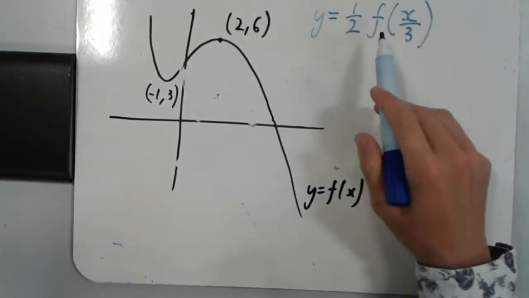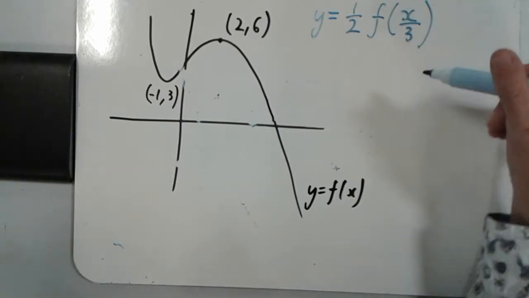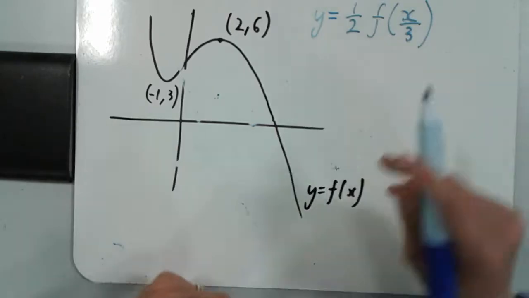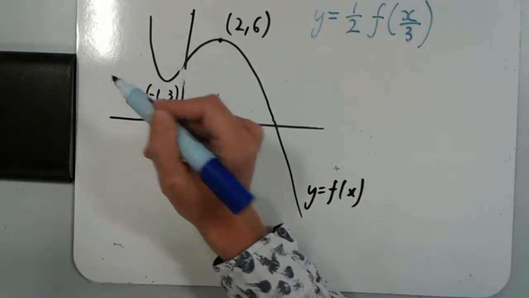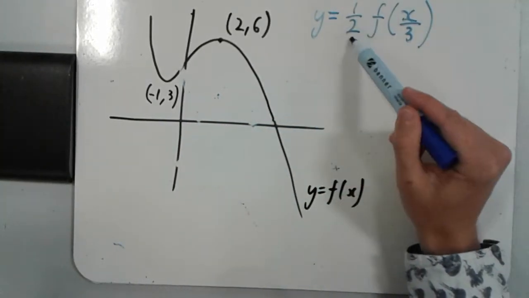Okay? So again, we'll look at the x values first. We're solving an equation, so we do the opposite. We're going to multiply all of the x values by 3. This one will go to minus 3. And the y values will be halved.